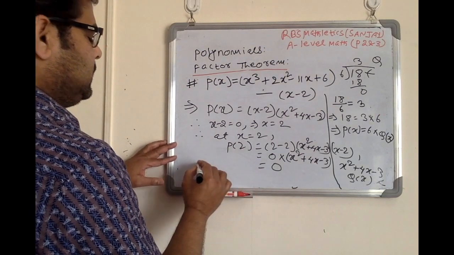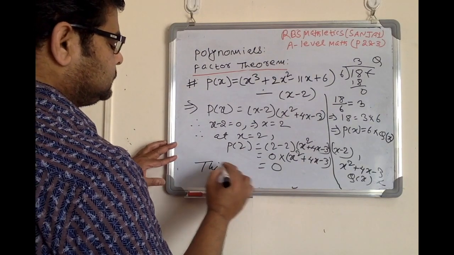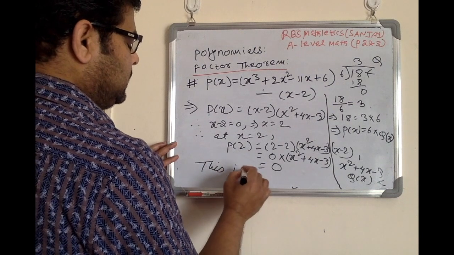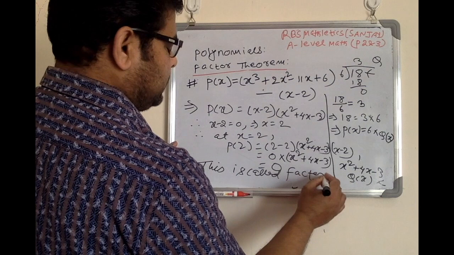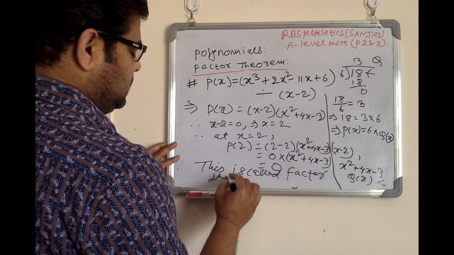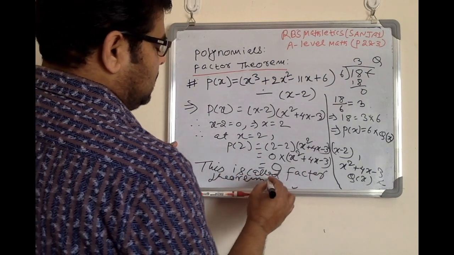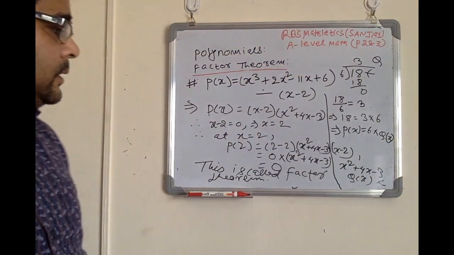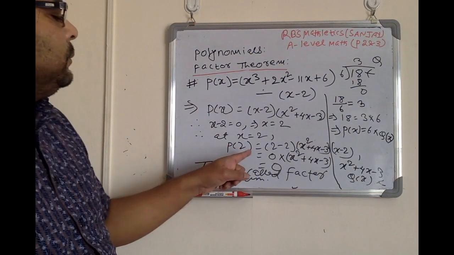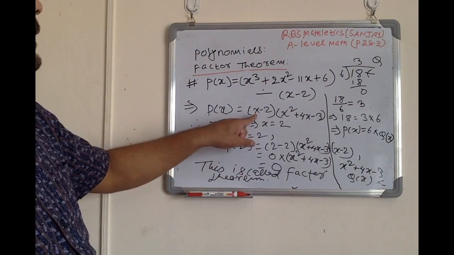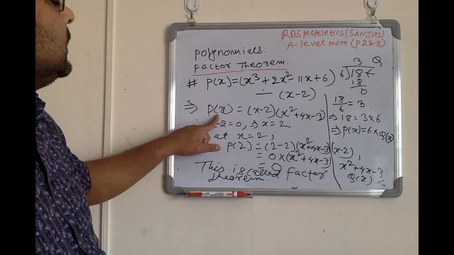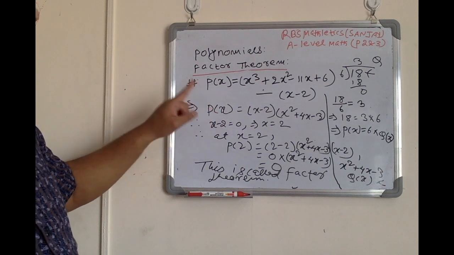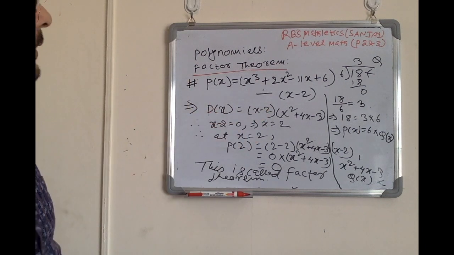So this is called the factor theorem. So what did you notice here in this case? In order to say the factor theorem, x minus 2 must divide the given polynomial P(x) exactly, and in that case x minus 2 is a factor.